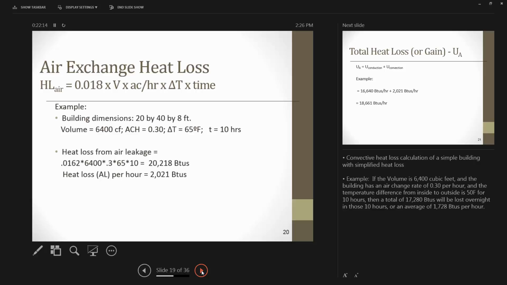So assuming we've got basically a building that's about an R10, we had, what do we have, 16,000 BTUs through conduction, and 0.3 air changes. It's neither incredibly well insulated or incredibly super tight, but we still lost significantly more heat through conduction than convection, and that's almost always the case.